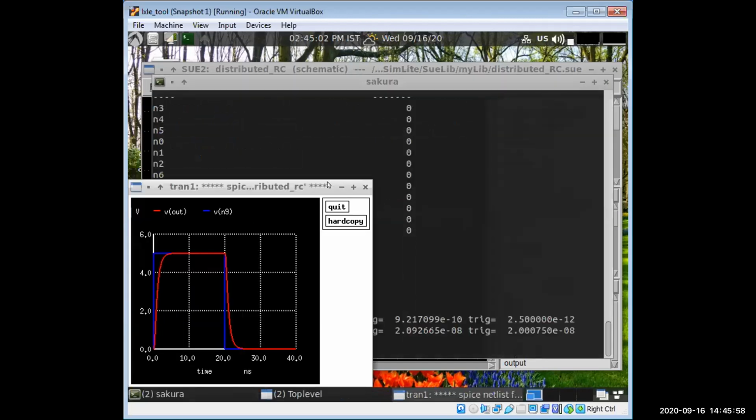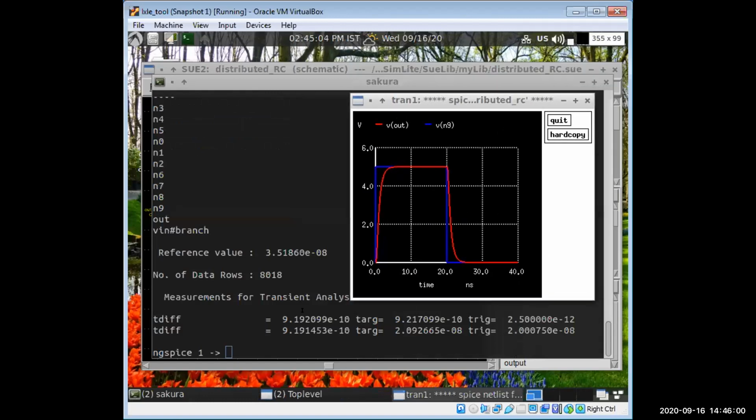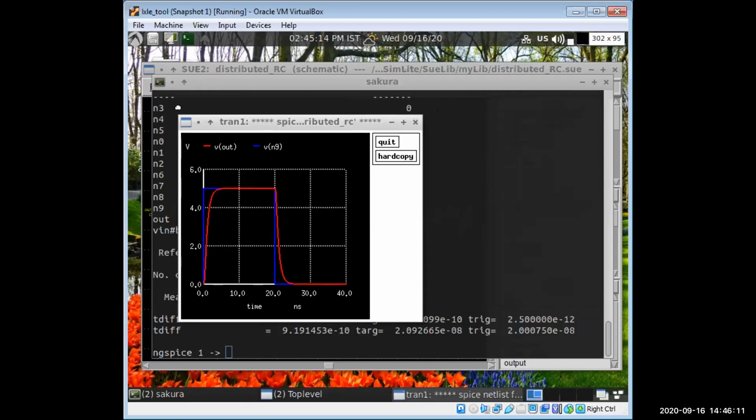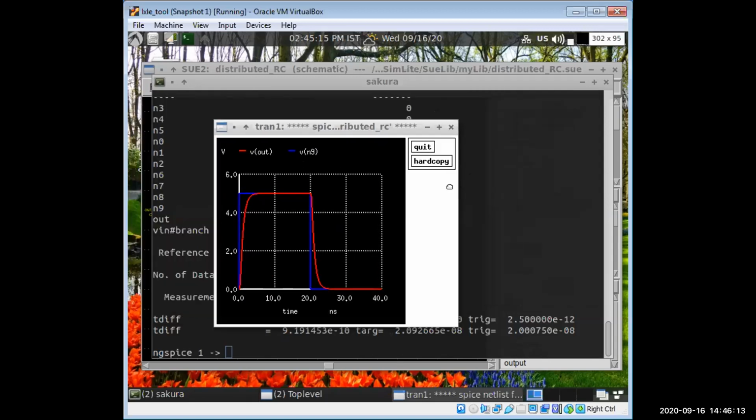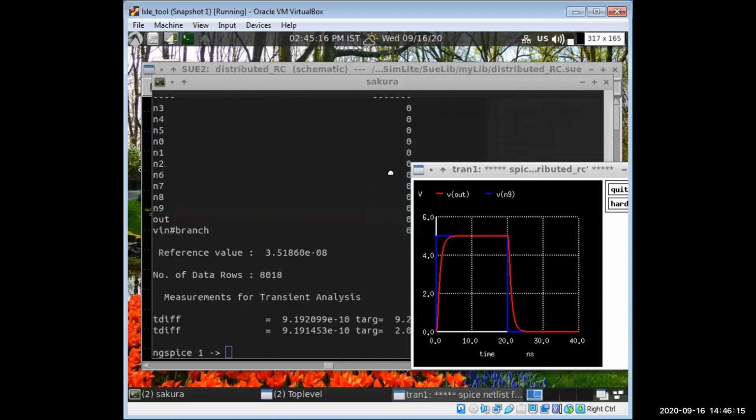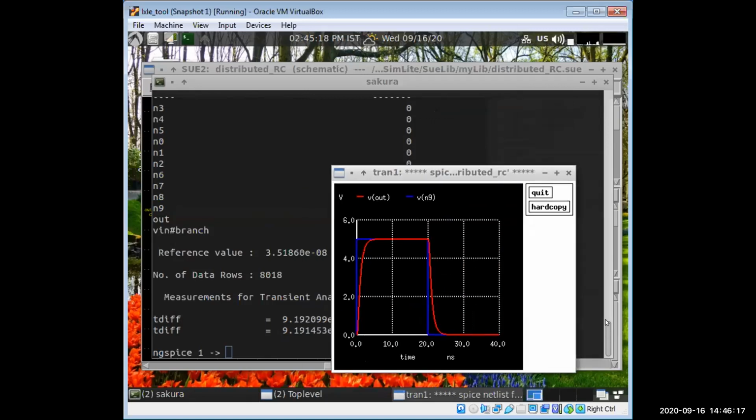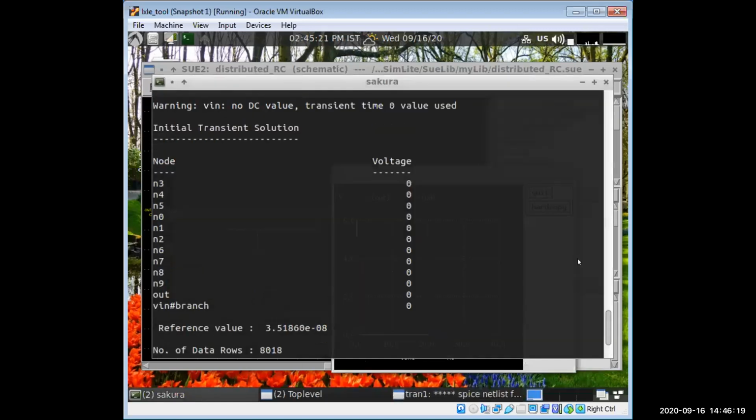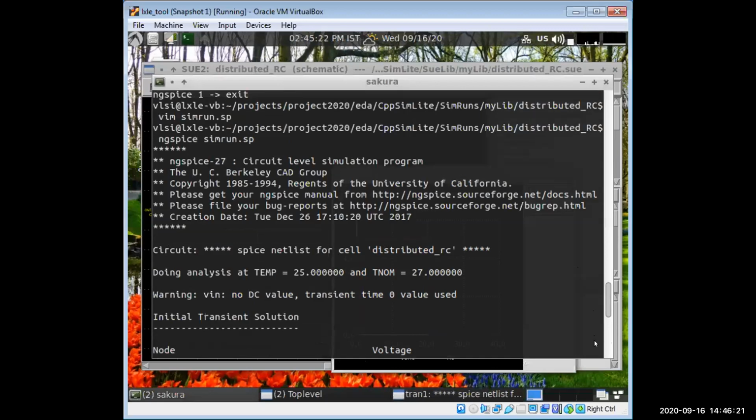So I will show you the result. There is much difference between the delays of A to B propagation and B to A propagation. In that case, it was around 1.9, and here it is 0.9. Here it was 1.95, here it is 0.9.